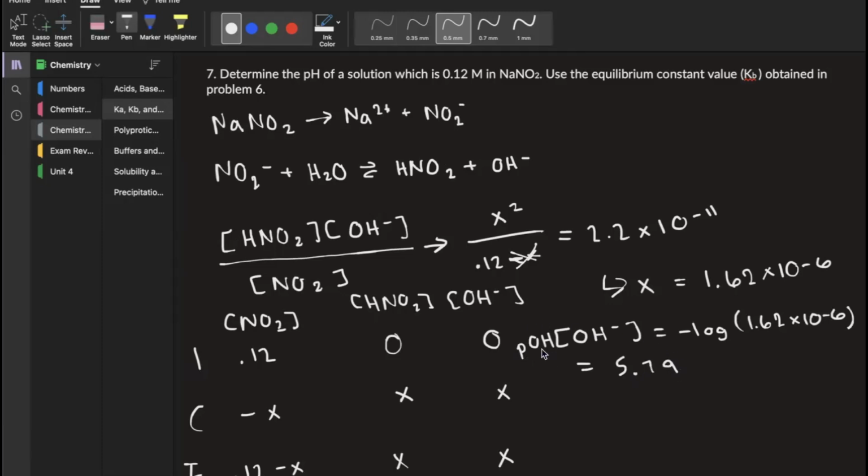Now, notice how this is our pOH, but the question asks for pH. Recall that pOH plus pH equals 14. So what we're going to do is subtract 5.79 from 14 to get the answer that pH is equal to 8.21.